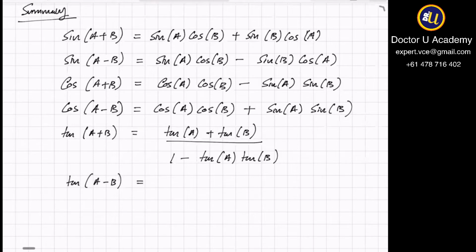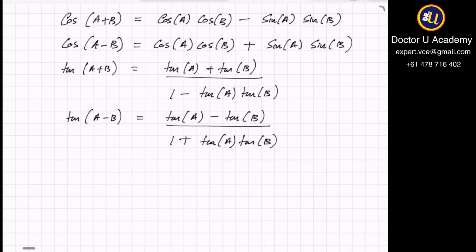So that would be tan A minus tan B divided by 1 plus tan A tan B.